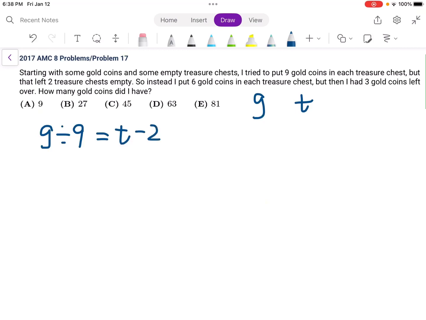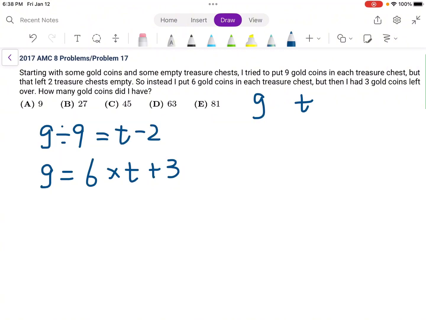And if 6 gold coins are put in each treasure chest, then 3 gold coins are left. That means G equals 6 multiply T plus 3.